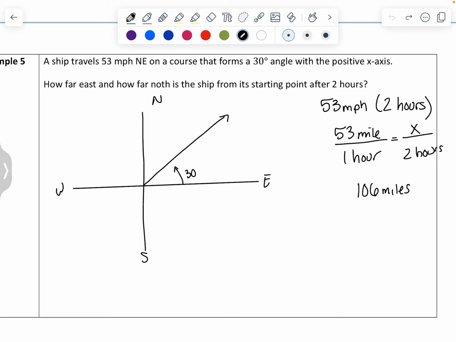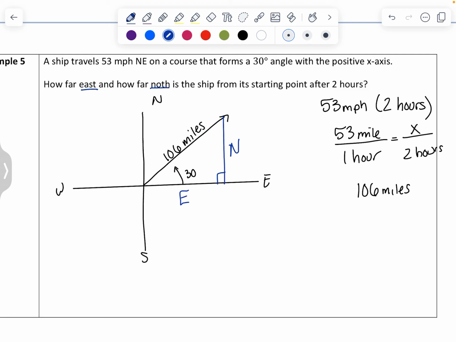That's going to be this distance right here, 106 miles. That's the value, or that's the course of this ship. Then it's asking you to find how far east and how far north. Typo there, but how far east and how far north. So this would drop it down into a right triangle. This is our north distance, and then this would be our east distance.